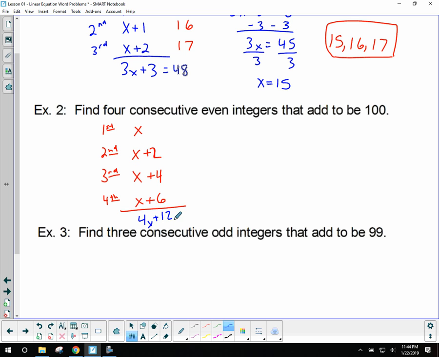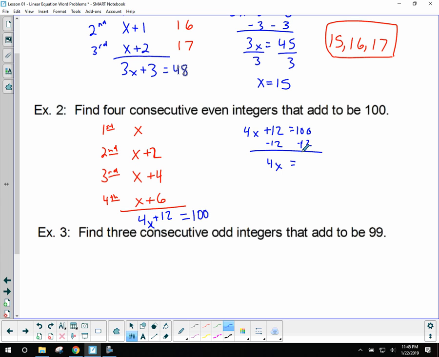So subtract 12. 4x equals 100 minus 12. What is that? Come on, you can do it. 88. Good. Divide that by 4. 88 divided by 4 should be 22.